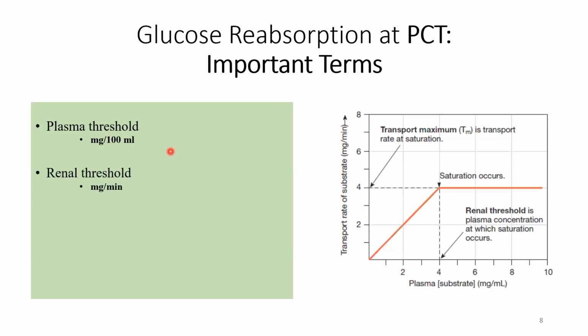The second is renal threshold. So plasma threshold corresponds with a renal threshold. Basically, if a substance has increased in the plasma to a certain extent that it has gone over its threshold, it basically means that now its amount in the filtrate is such that it is in the red zone.